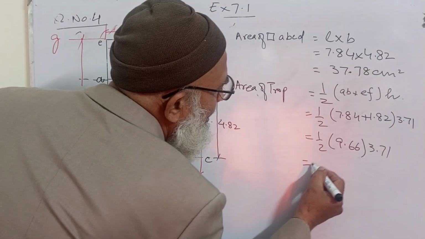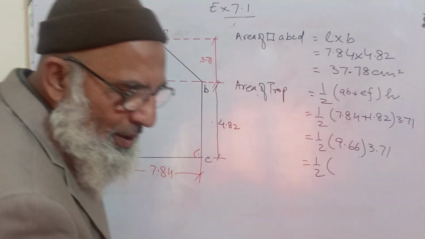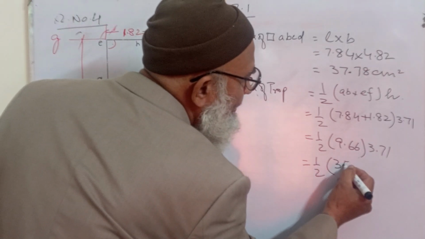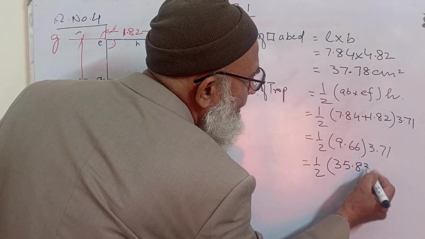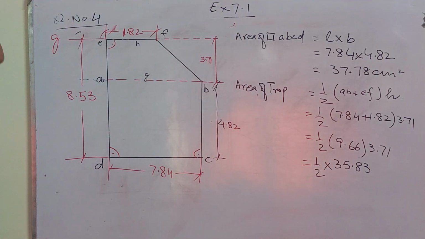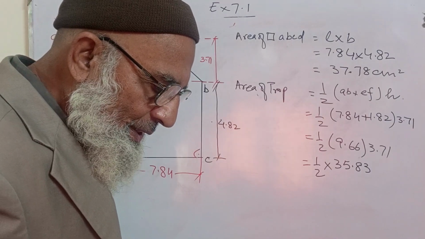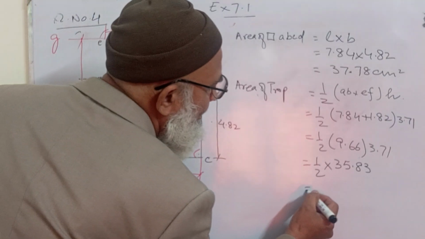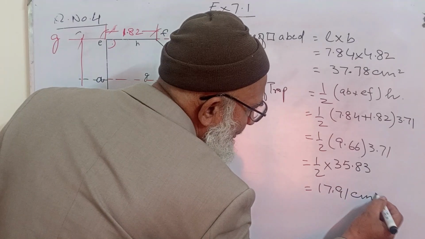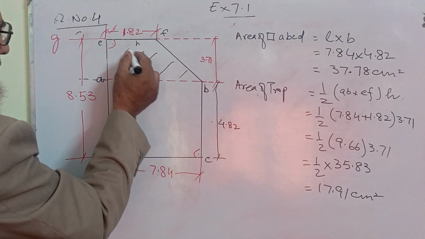It will become half into 35.83. You can also remove this half by replacing the sign and now you can divide. It gives 17.91 centimeters square. Now this is the answer only for this one.